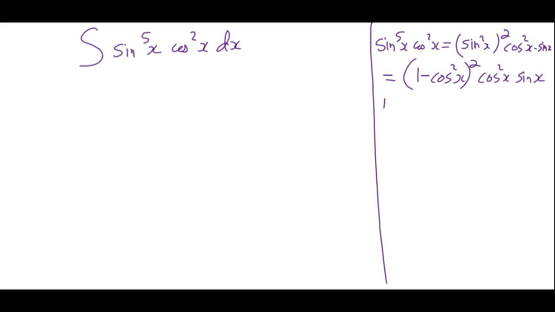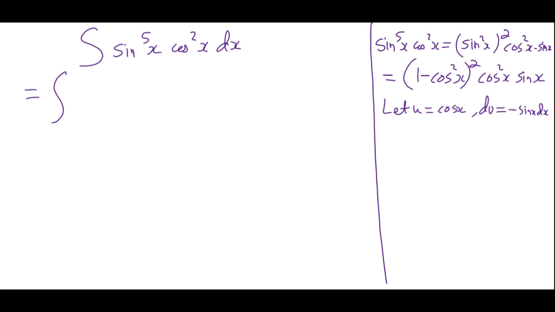So then we say, okay, let u equal cos x. Then du, what's du? Minus sine x dx. Okay, go back over here. So this integral, what have we got?